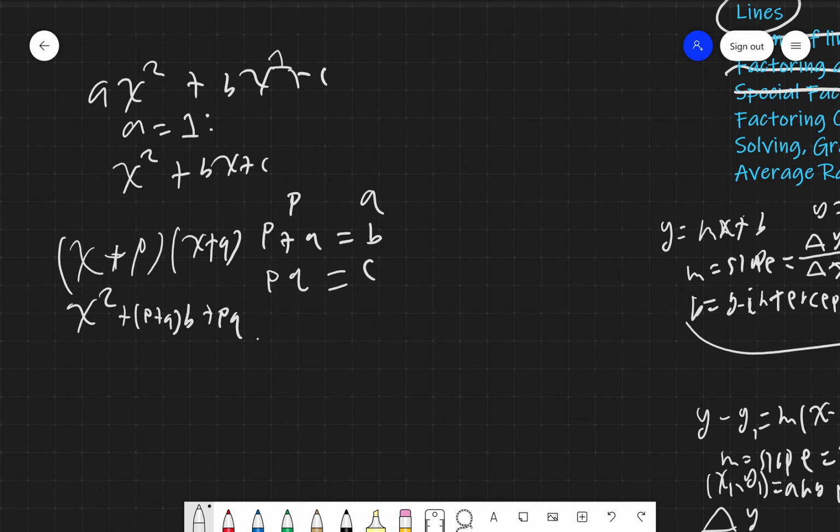So basically, you're finding two numbers p and q that add to b and multiply to c.